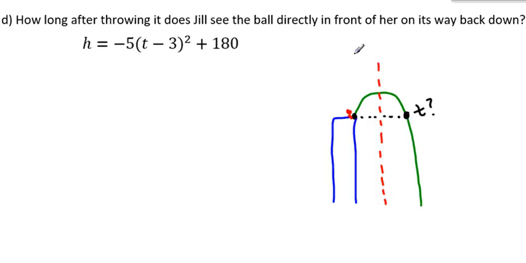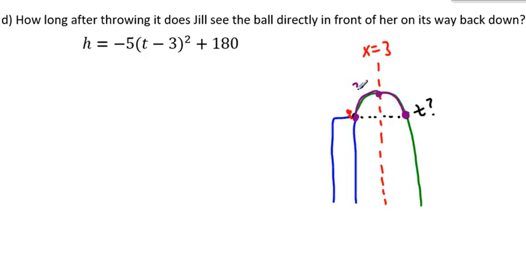We know that every parabola is symmetric through a vertical line at the vertex. In this case, the vertex again is at x equals 3. So what that means is that from time 0, when Jill throws the ball, it takes 3 seconds for the ball to go up to the vertex. And because of the symmetry of a quadratic, it must also therefore take 3 seconds to come back down to the same height that it started at.